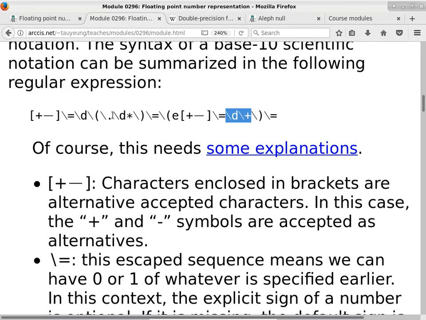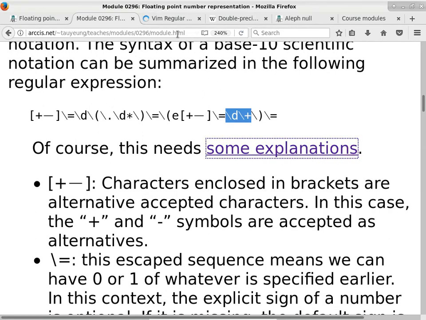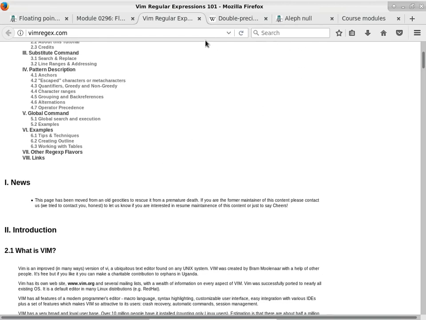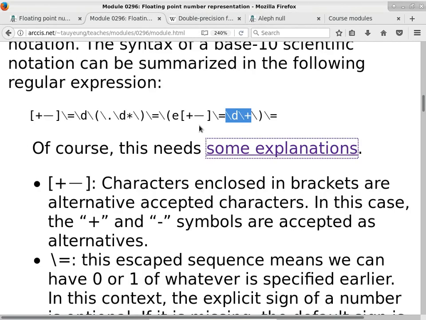That's fine. Yep. Okay, so I have a hyperlink here for those of you who want to learn VI and how to do regular expression in VI at the same time. So if you right-click on this one, it opens up a page just to talk about regular expression in VI. Okay, it's reference material. I cannot remember all of this stuff.